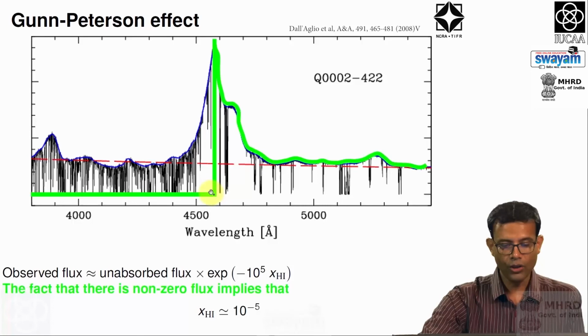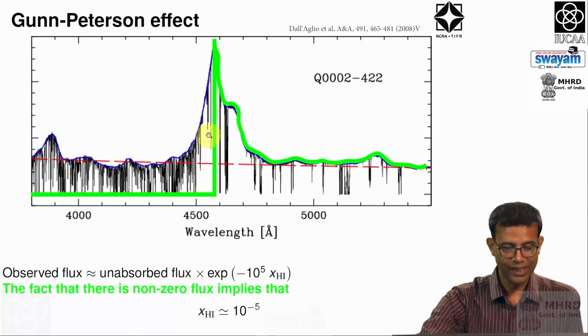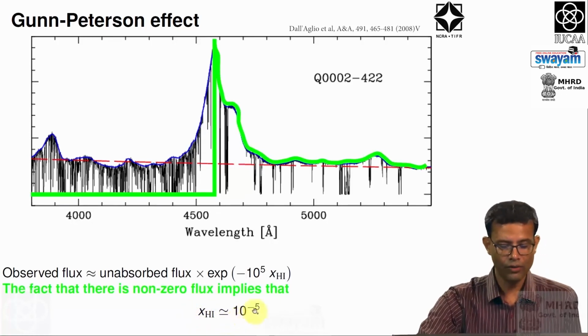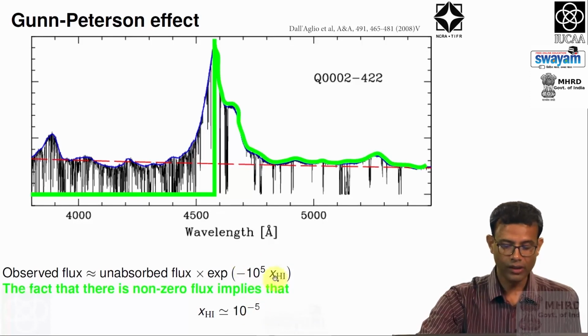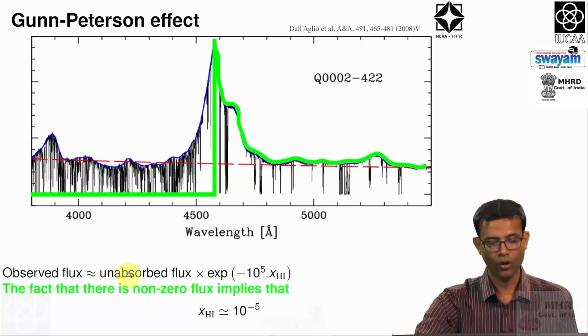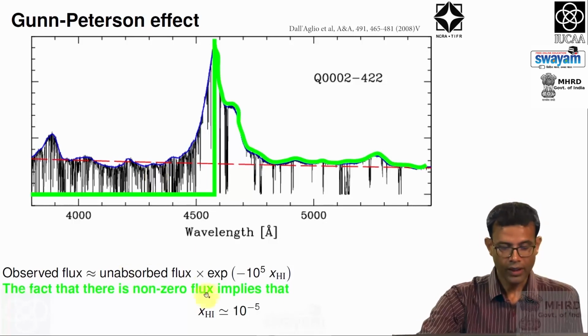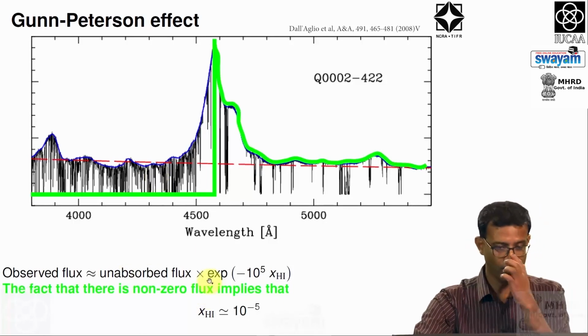The fact that you do not observe something which looks like the green curve tells you that the neutral hydrogen fraction must be 1 part in 10 to the 5 or even less, so that this factor in the exponential is not very large and you do not absorb everything. This is a very strong result.